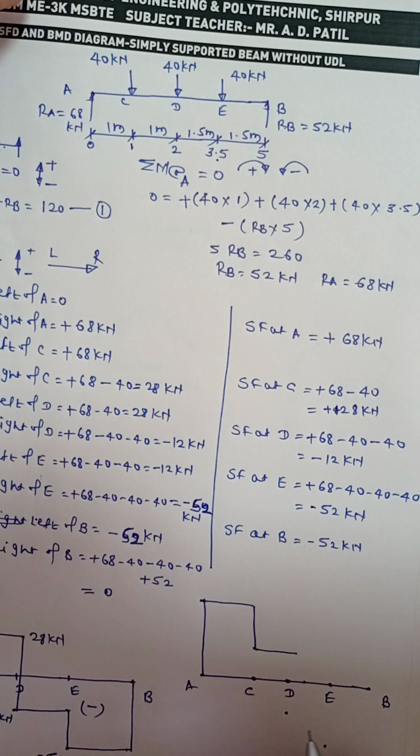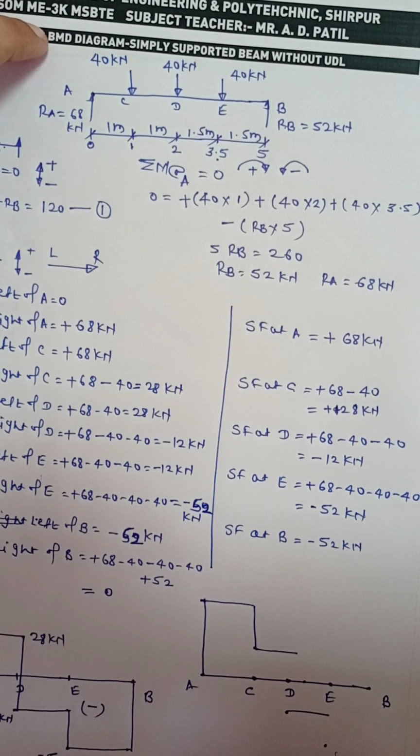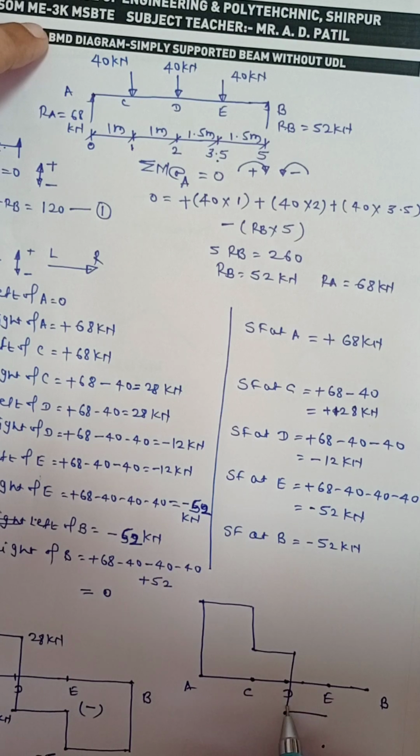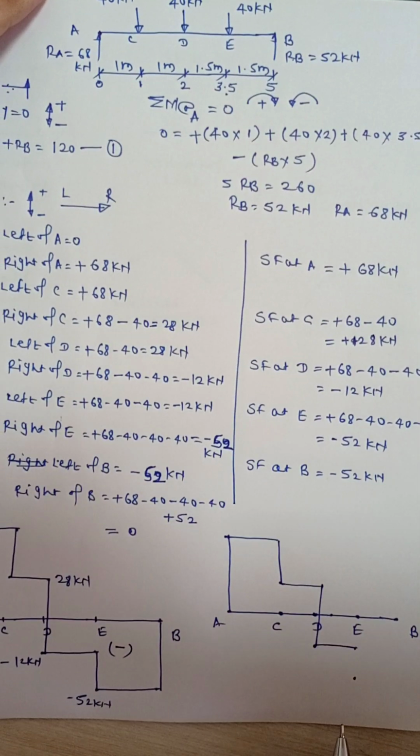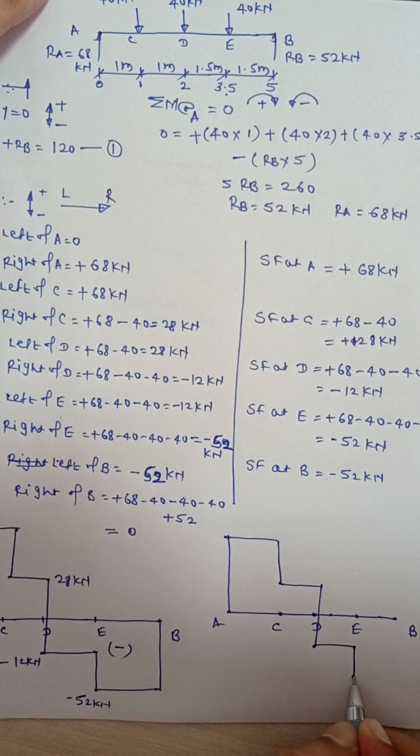And D to E, there is also no variation of the loading. Draw the horizontal line. Connect here. Again, this is minus 52.